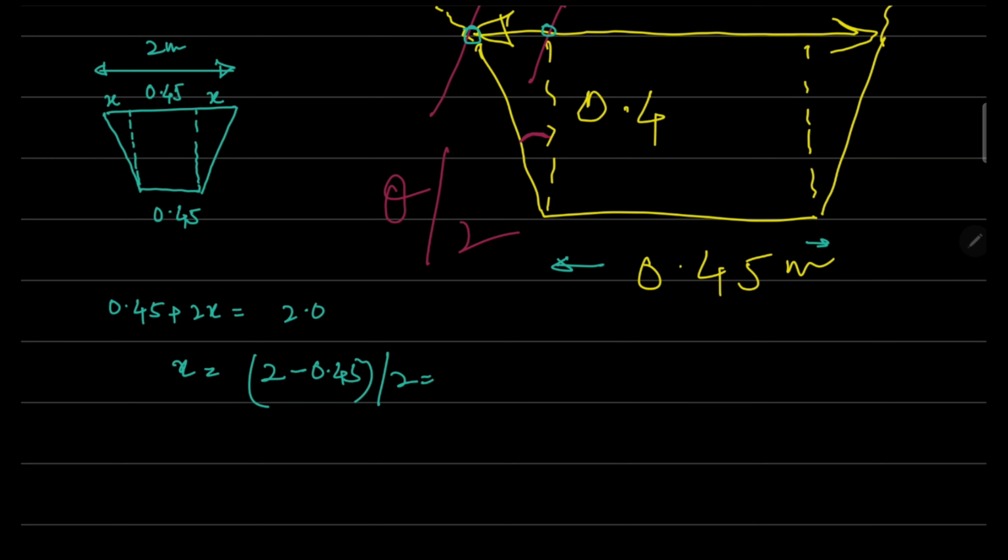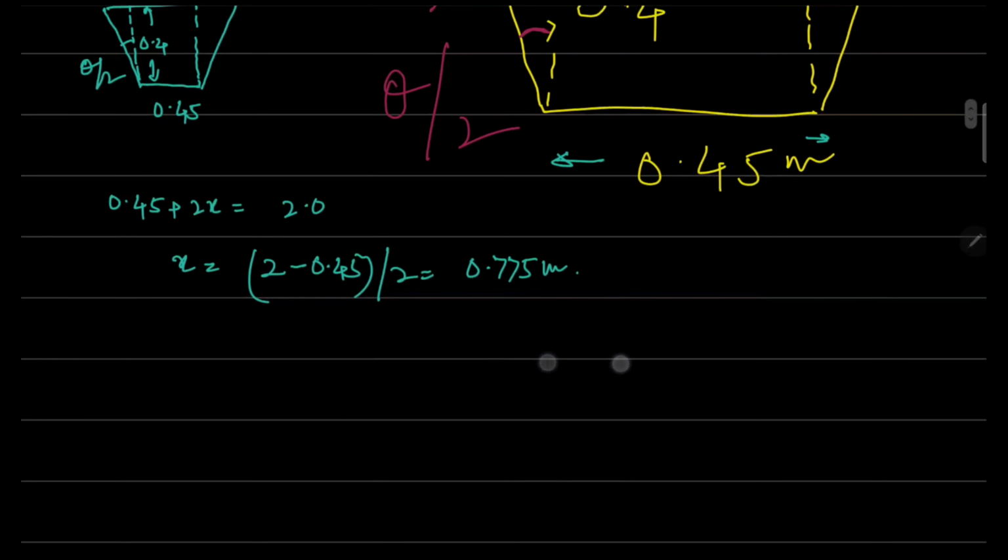So this value comes out to be 0.775 meter. Now again, for the determination of theta by 2, this height is 0.4 meter. So now the problem is such that our x value is 0.775 and this is 0.4 meter.